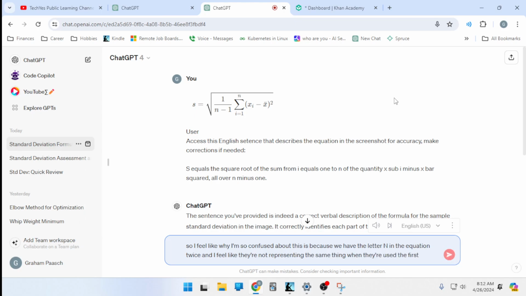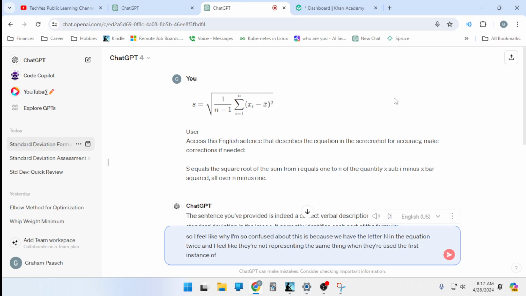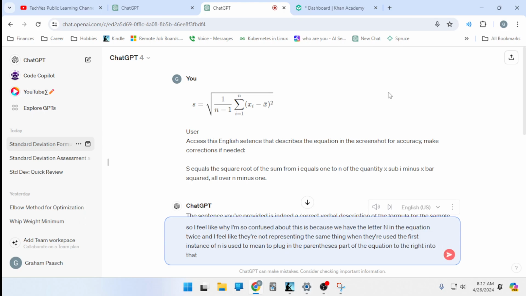The first instance of n is used to mean to plug in the parentheses part of the equation to the right into that instance of n.